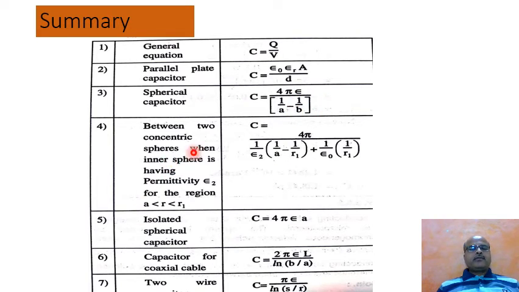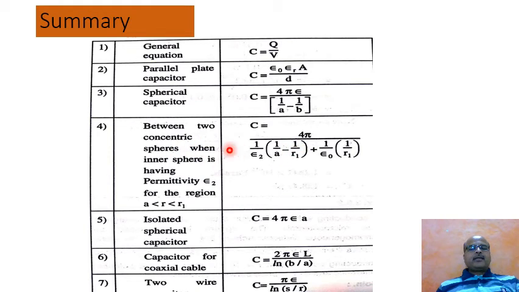Next, between two concentric spheres, when the inner sphere has permittivity epsilon 2, for the region A less than R and less than R1, we'll get such a type of expression. We have not derived this expression. You can derive it at home for two concentric spheres.